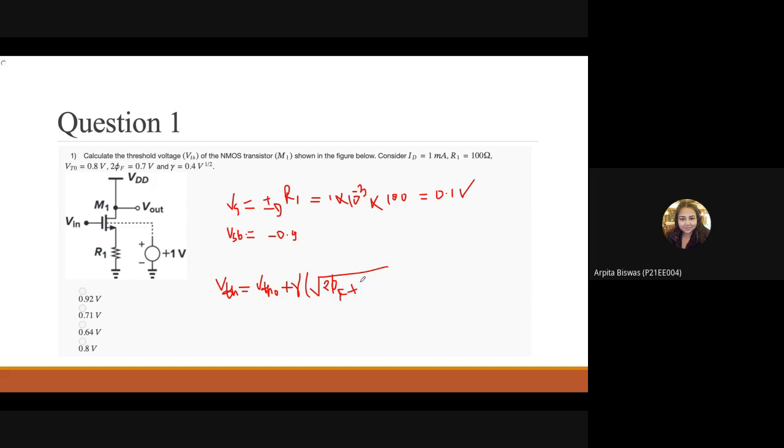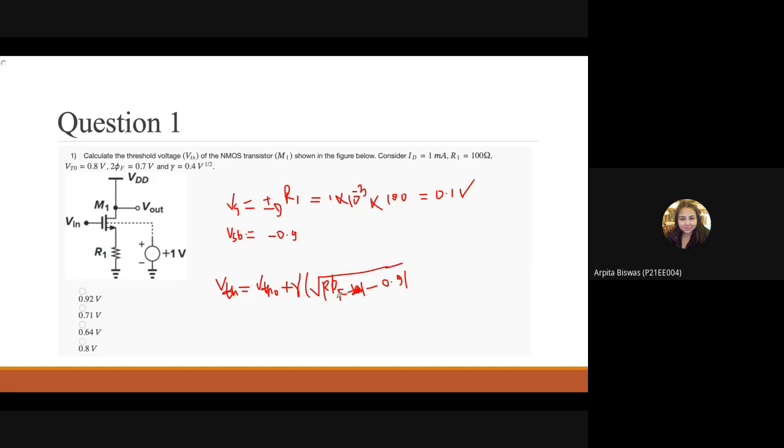But here VSB is negative, so you have to take the mod. Just take the mod of twice of phi f plus VSB, then directly put the value of VSB, minus 0.9. Why am I taking this mod?